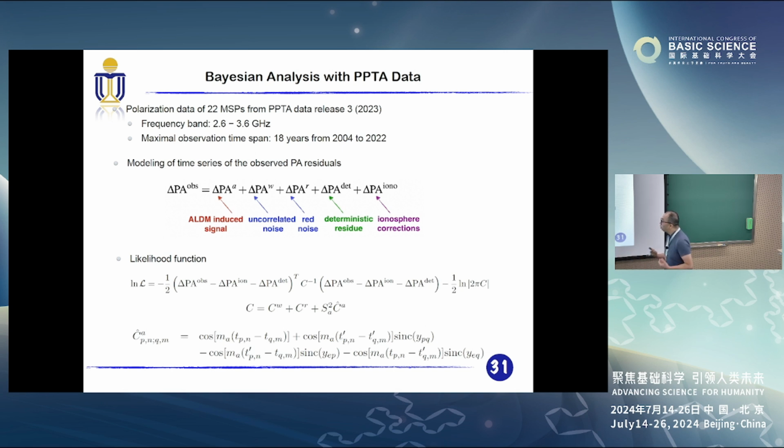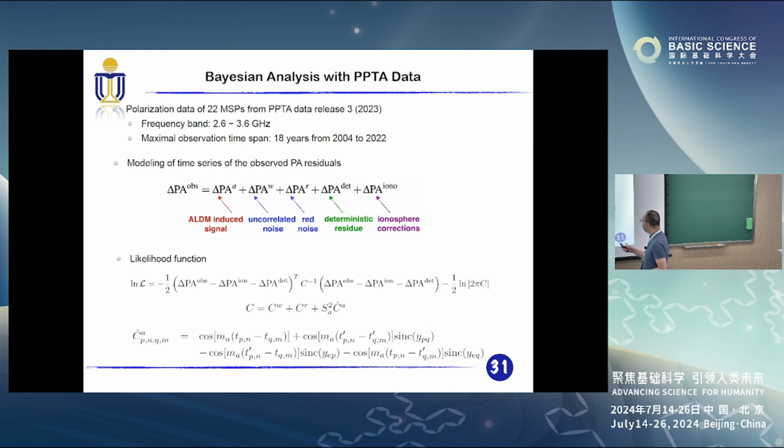For these pulsars, the maximum observation time span is about 18 years, from 2004 to 2022. Because this analysis is quite new, we developed an analysis framework, including the residual modeling, by ourselves.